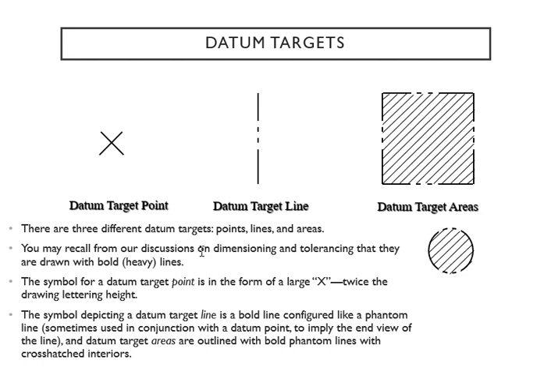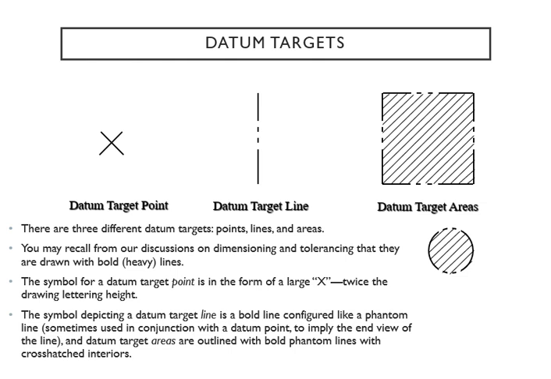So the phantom lines in datum target areas are right here. See, look very carefully, the borders, the boundaries. Look at that. And then of course the section lines, 45-degree lines, right in there.